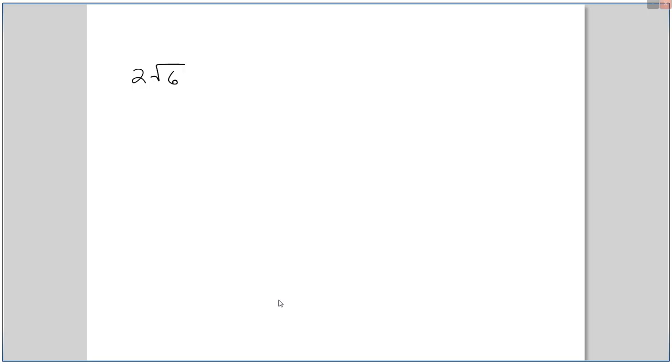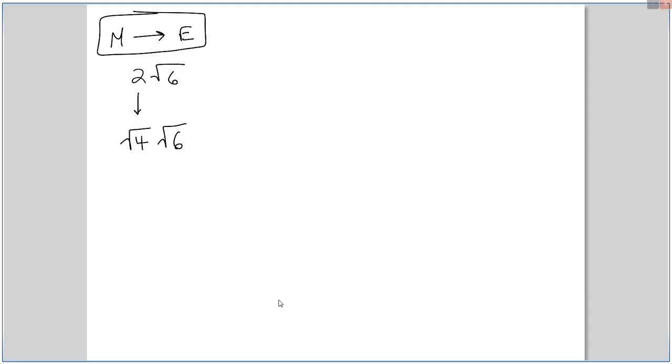2 square root 6. What's the title of this? Mixed to entire. Okay? So what will we do with 2 root 6? What does 2 become when you square it? 4. So you could just go like this.